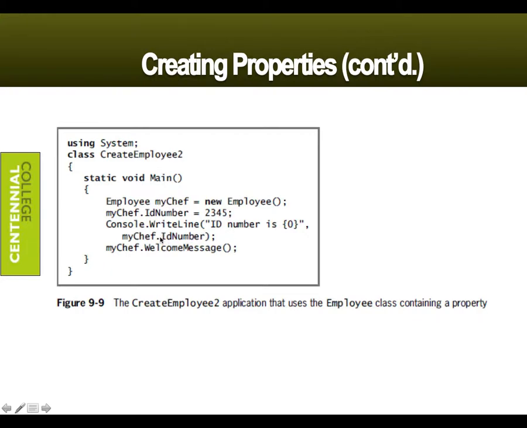But I have to use the dot accessor, or dot notation, to access the ID number of my chef object. I've created a new custom object, and the only way I can access it is through the dot notation method, just like any other built-in objects we've already used. Okay.